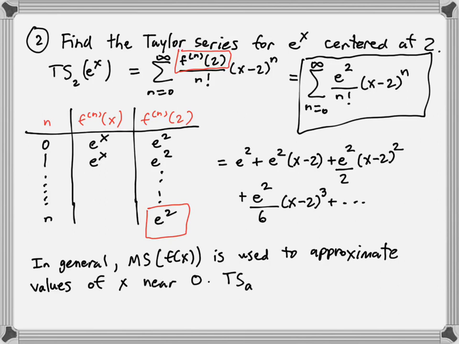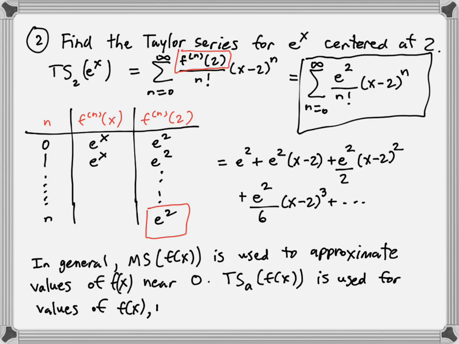The Taylor series centered at a of f of x is used for values of f of x with x near a. What I mean by near zero is the input values.